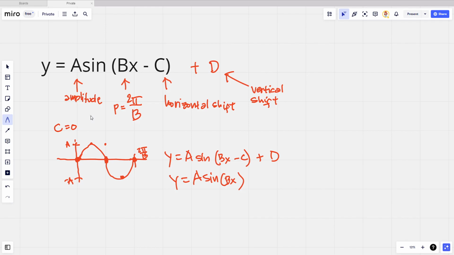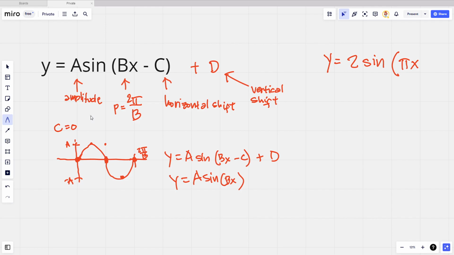So for example, if we were given y is equal to 2 sine of pi x.